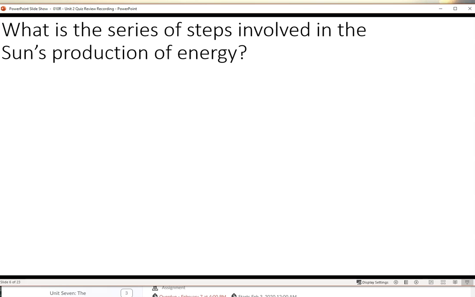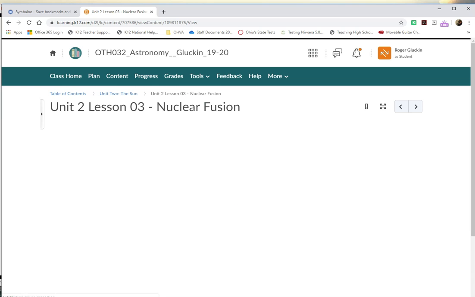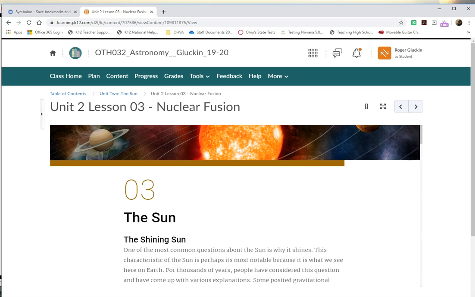What is the series of steps involved in the sun's production of energy? So we're talking about how the sun creates energy. Look in this lesson right here, Unit 2, Lesson 3, Nuclear Fusion, and dig into some of the details about that process.